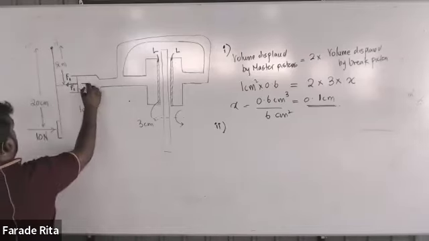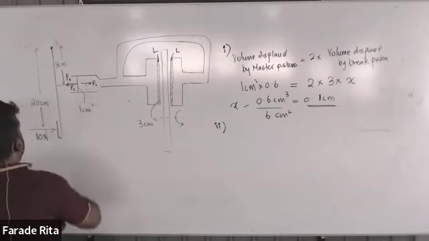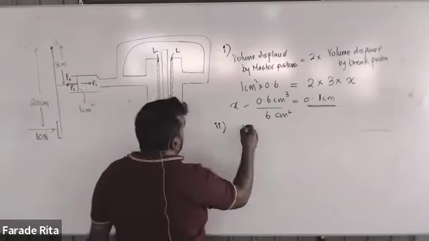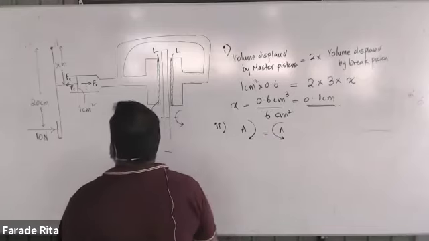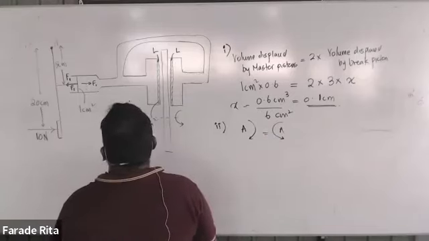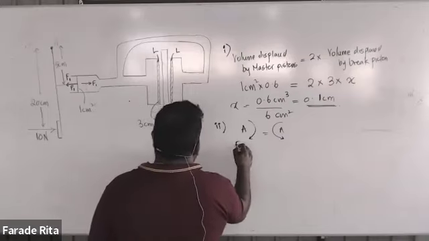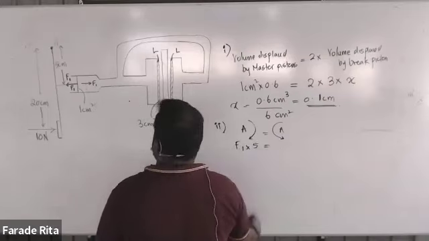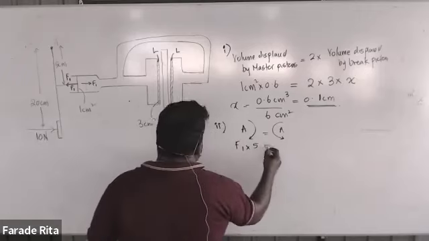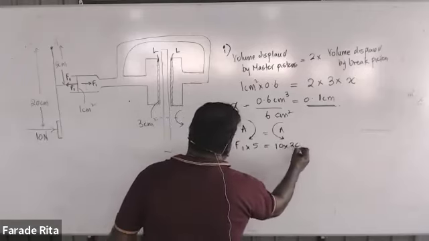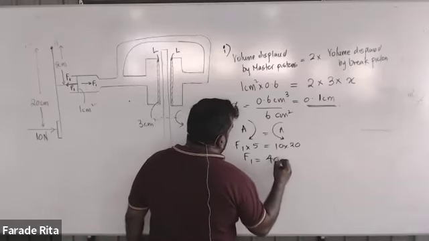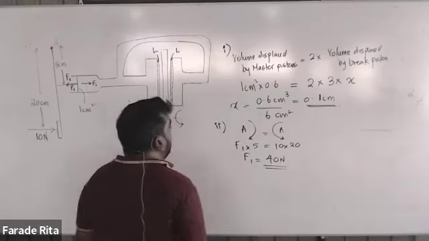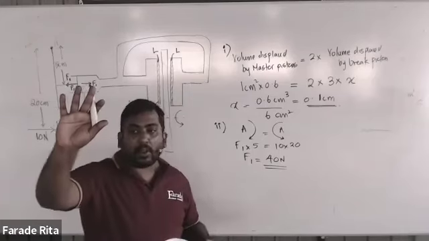Take moments about A. Clockwise moments equal anti-clockwise moments. Clockwise moments, F1 into 5 centimeter. Anti-clockwise moments, 10 times 20. F1 equals 40 Newton, force on the master piston. How many people got this?